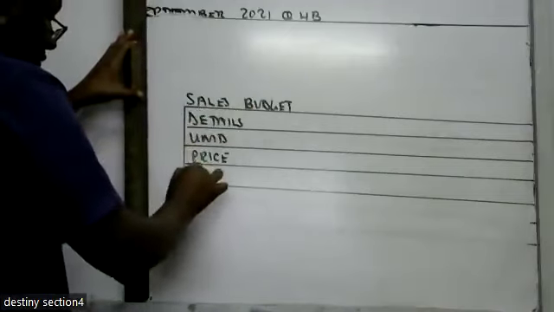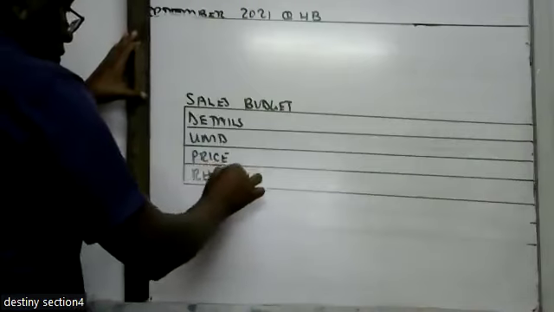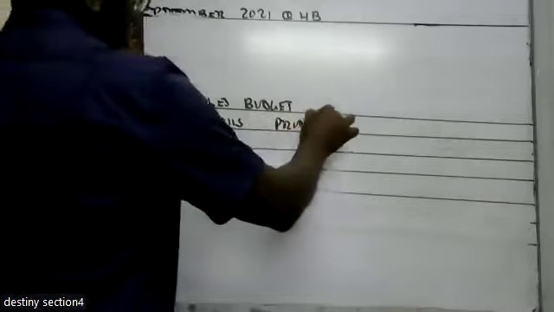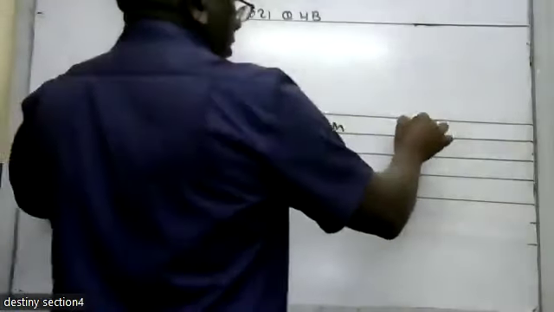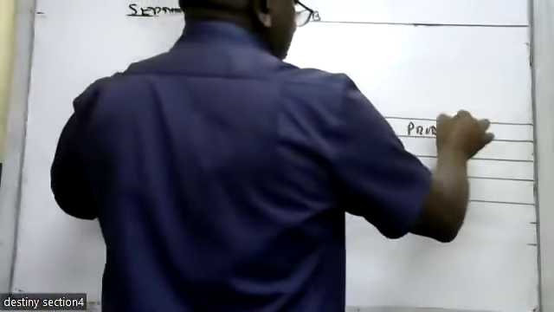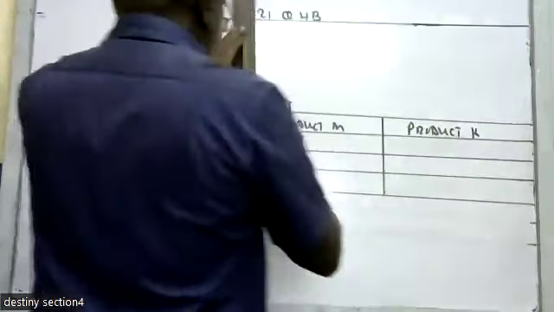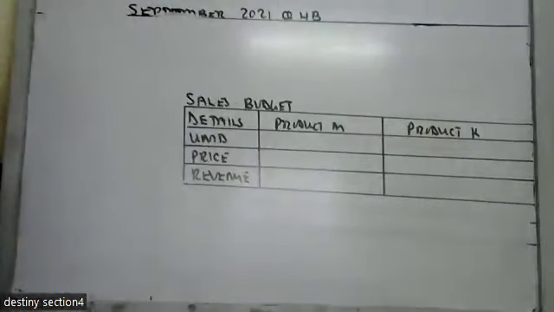The revenue. Very simple. So we have product M and product K. Sales budget. Product M, product K.